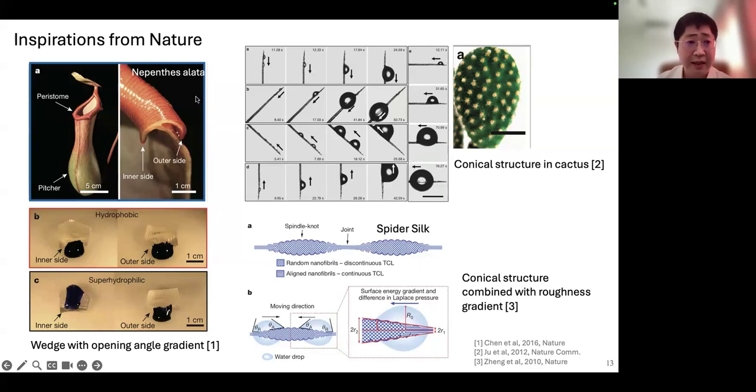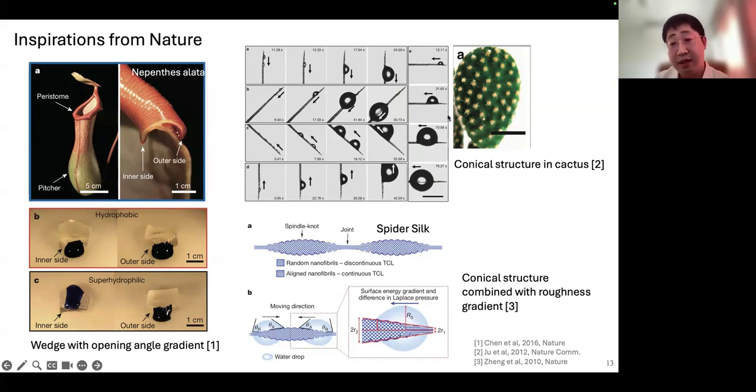For example, here is a Nepenthes alata, where if you put a liquid on the inner side of the peristome, it will spontaneously move towards the outside. But if you put a droplet on the outside, it will not move inside. So this is a unidirectional movement, or spreading, of liquid.